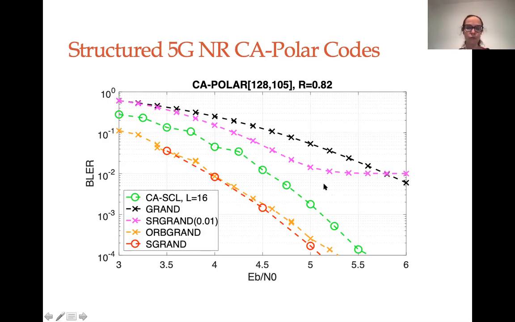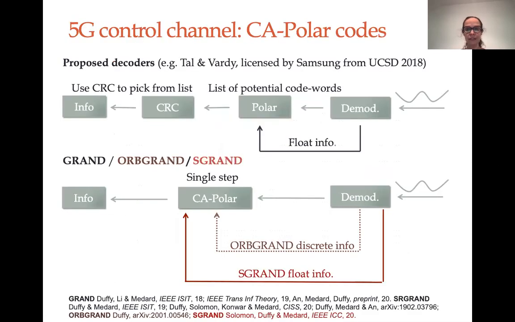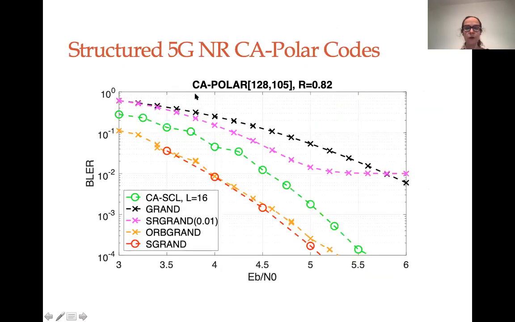Now, one of the things I want to point out is that we're not doing this type of operation that you see over here. We're not first doing a list and then selecting using a CRC. All that we care about is to be able to check. A CRC-aided polar code is actually a linear code. So the kind of check that I showed you, that you can do to verify that a syndrome is 0, you can do on a CRC-aided polar code in the same way that you could do on any other code, such as a BCH code.